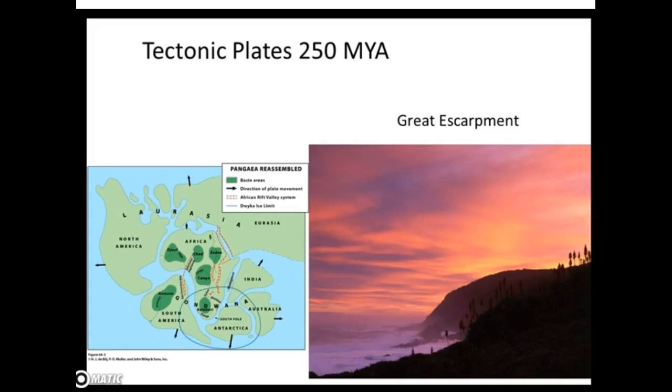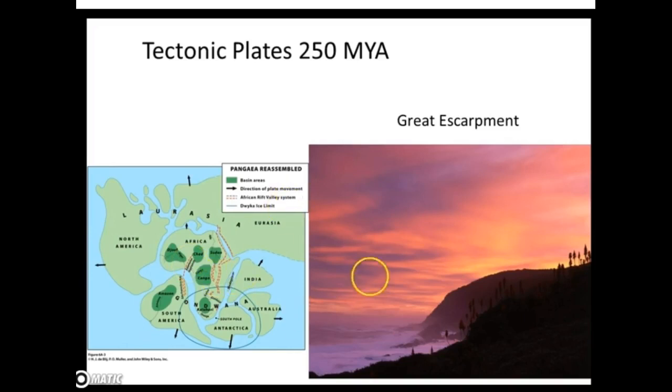Okay, so if we turn the clock back 250 million years ago, we can see the configuration of the tectonic plates. And what you'll notice here, Africa in the center, and the arrows indicating that all of the other land masses moved away from Africa, but that Africa stayed relatively fixed.